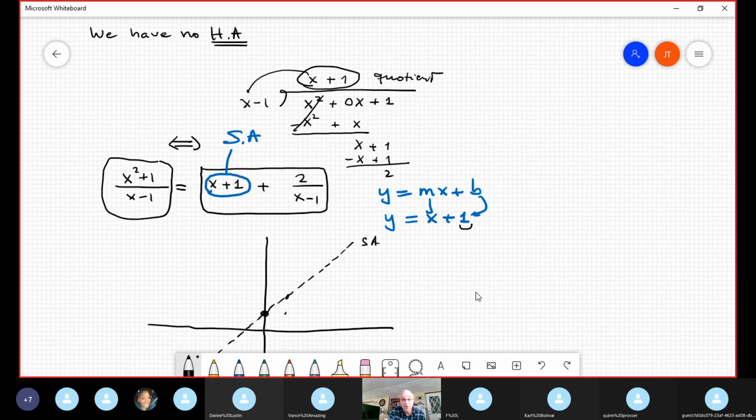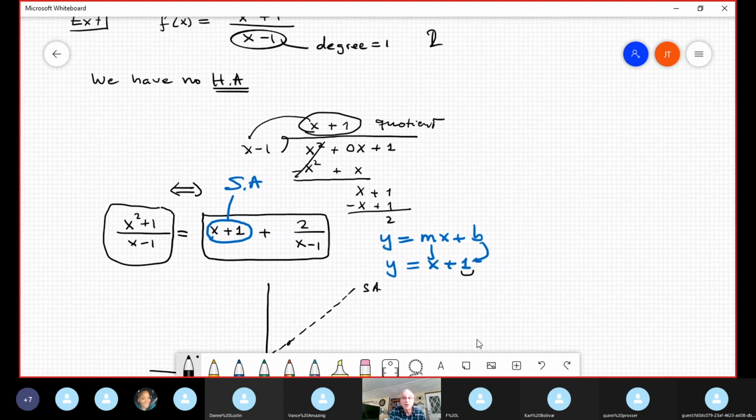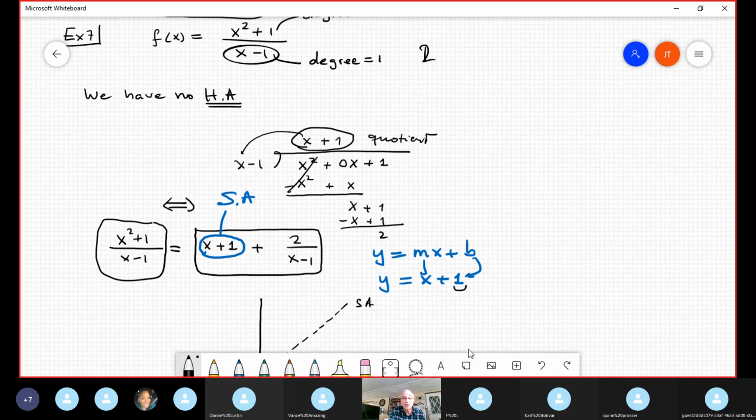However, vertical we have, vertical yes. Remember, what is the idea for the vertical? You take the polynomial at the bottom. The formula for finding the vertical asymptote is this, after the simplification.